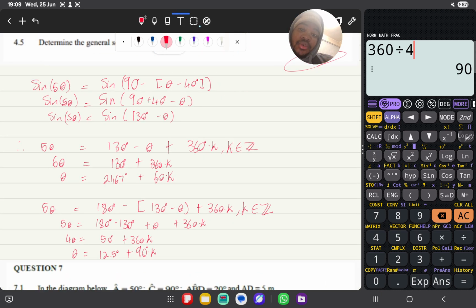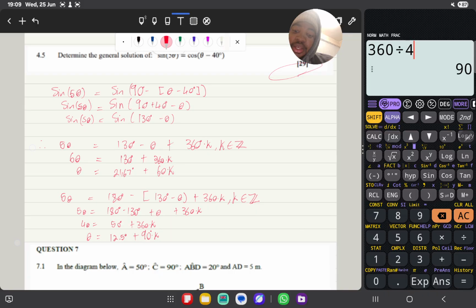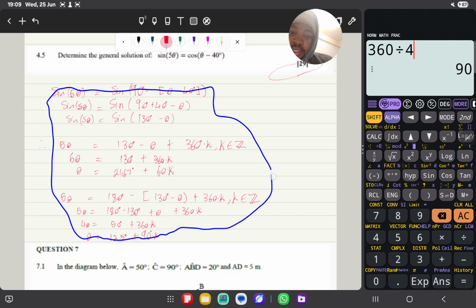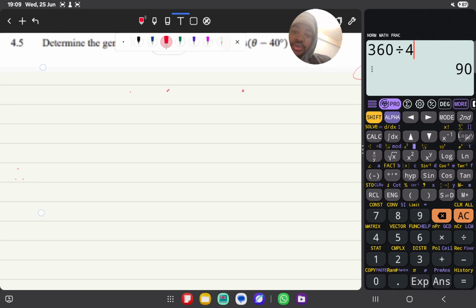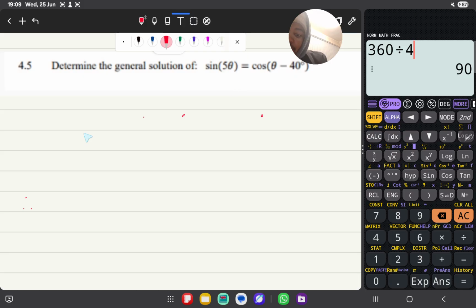And of course, I did say there are many methods. So another alternative would be for you to change the sine into cos, right? And this is how you would do that. You would then say you have cos of 90 minus 5 theta.